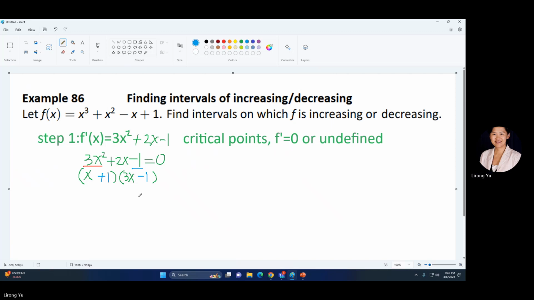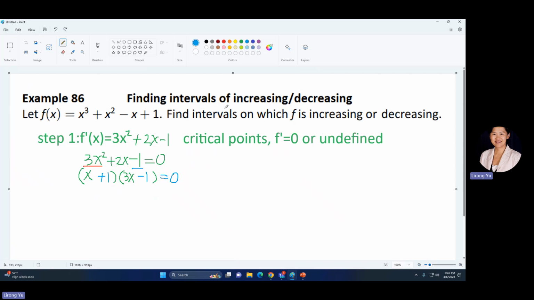Any questions? It's called trial and error. You try it, and if it doesn't work out, you switch the sign or switch the number. This works out okay because negative 1 times positive 1 is negative 1. In the meantime, this one multiplies to 3x, this one multiplies to negative x, and 3x plus negative x is 2x.